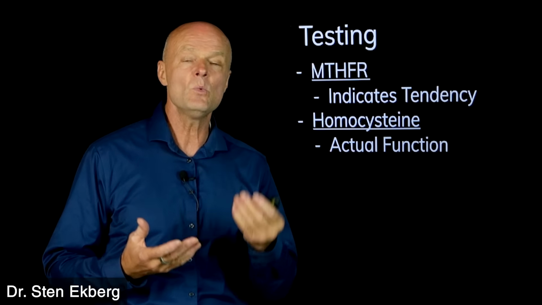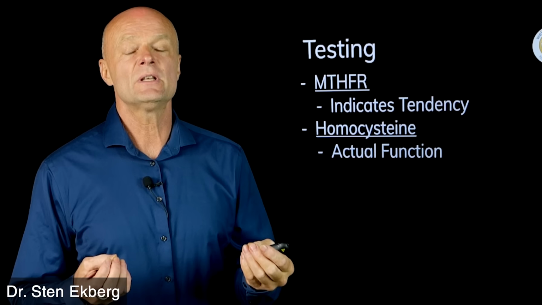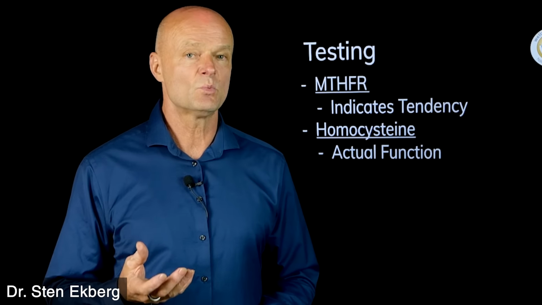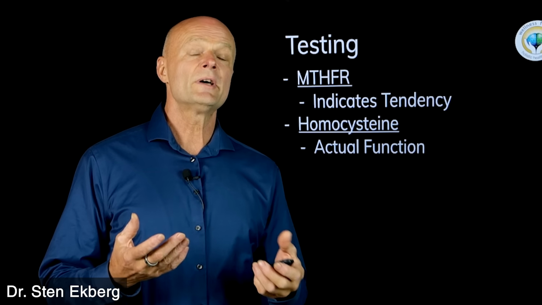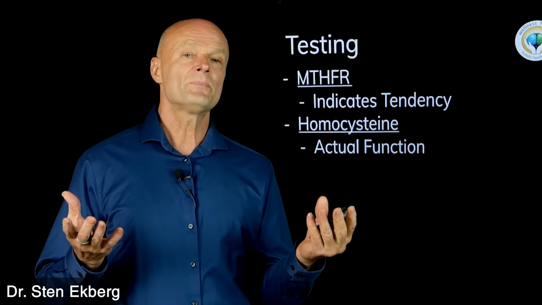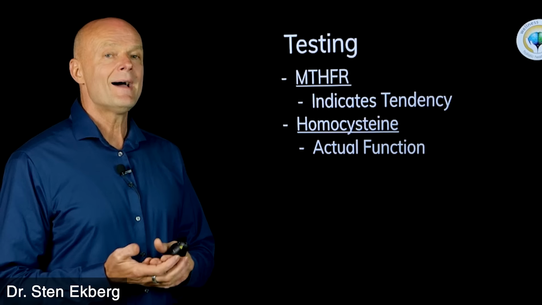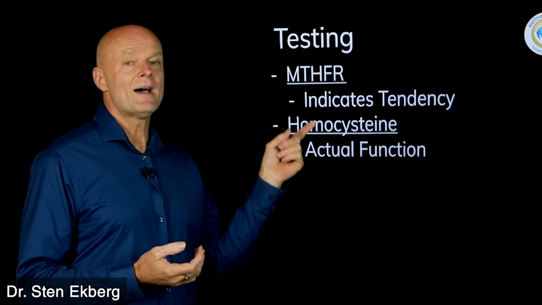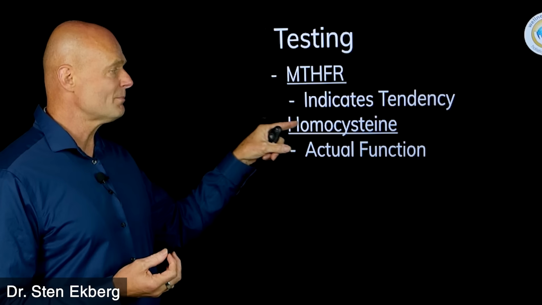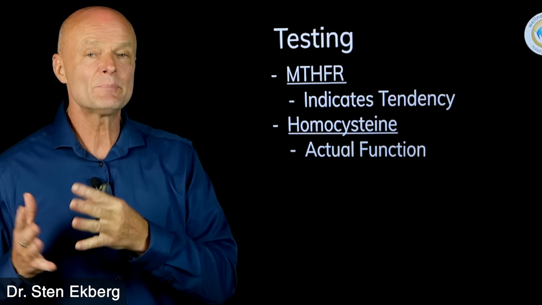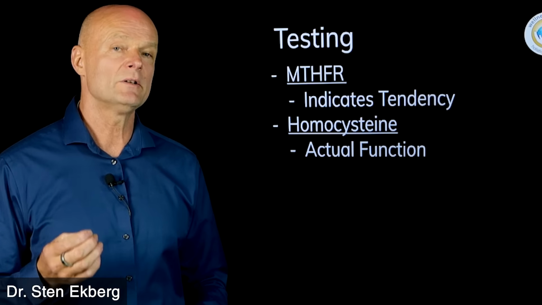You're measuring how well your body is actually converting it, and this is based on a lot of other variables as well. So I think it can be great to run a complete genome and see what your predispositions are. However, just to find this out, I think it's much better to measure the homocysteine, because that tells you in this moment, at this point in time, how well you're doing.